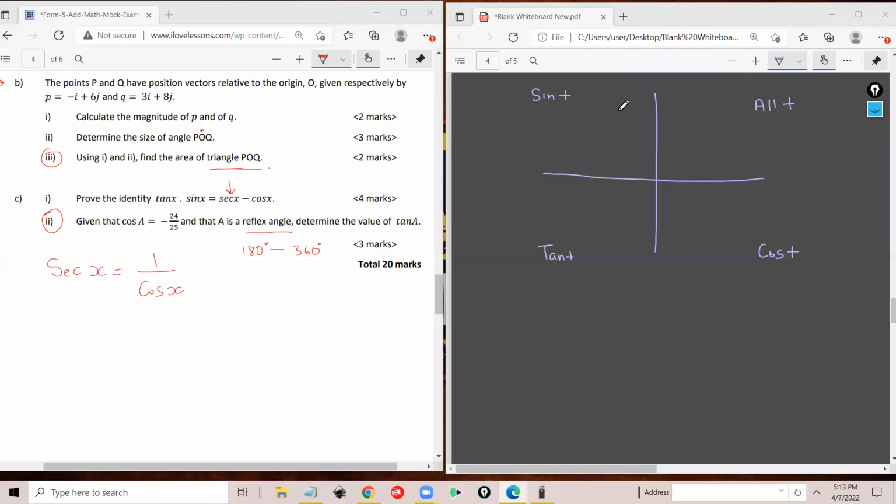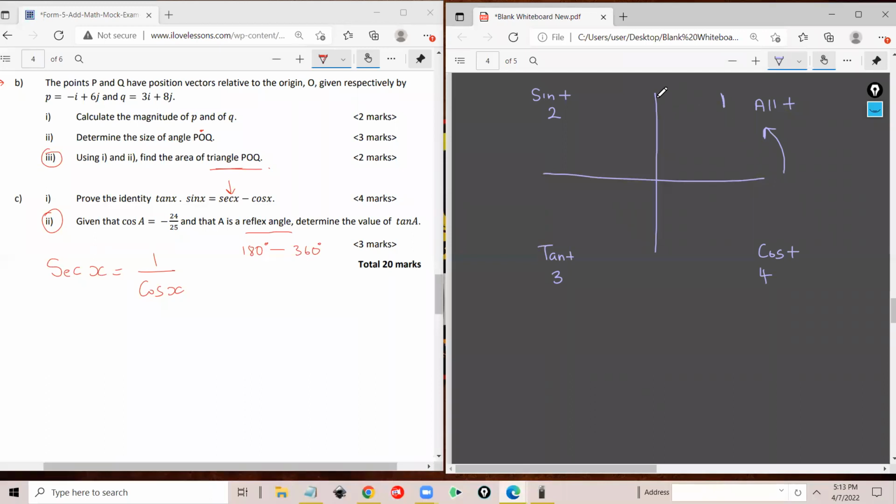All right, so over here, they're saying cos x is minus 24 over 25, and they are saying it's a reflex angle. Remember, a reflex angle always spins in an anti-clockwise direction when you're doing these questions. So the first quadrant is 1, this is quadrant 2, this is quadrant 3, and this one is quadrant 4.